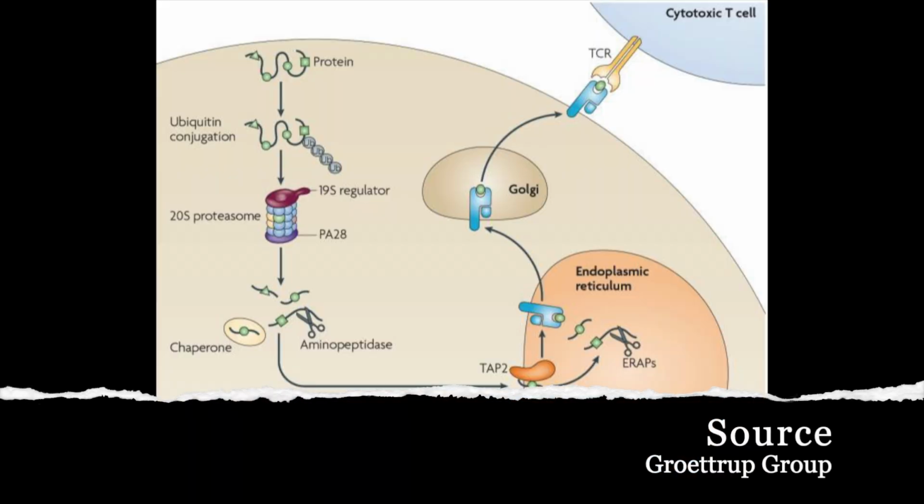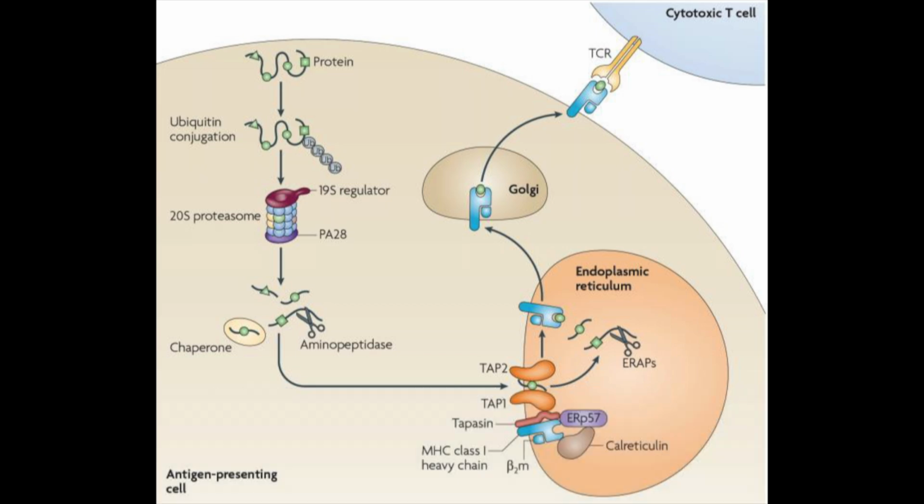And the way that these MHCs work is, for example, with MHC1s, if you have some protein on the inside of a cell, it's gonna get labeled for degradation. It's gonna get degraded into shorter bits of protein sequences.